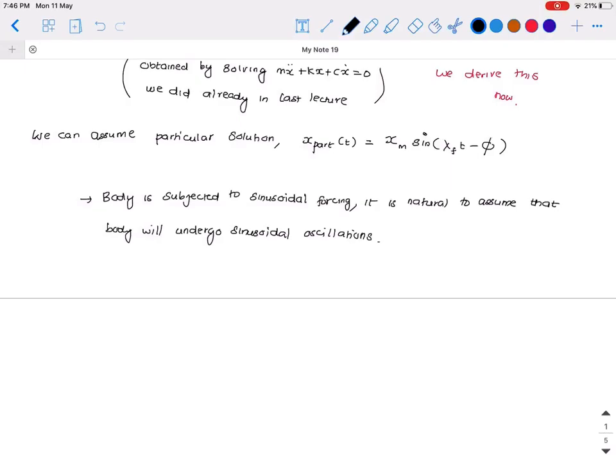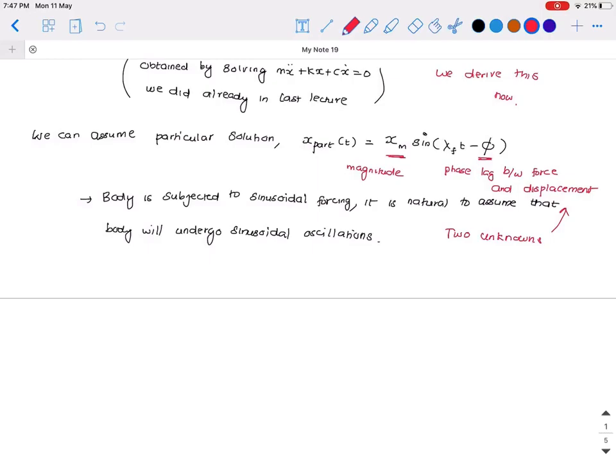Okay, right, so we have now two unknowns here. So this is the magnitude of the oscillation, this is the phase lag between the applied force and displacement. Okay, so we have two unknowns which we have to find.